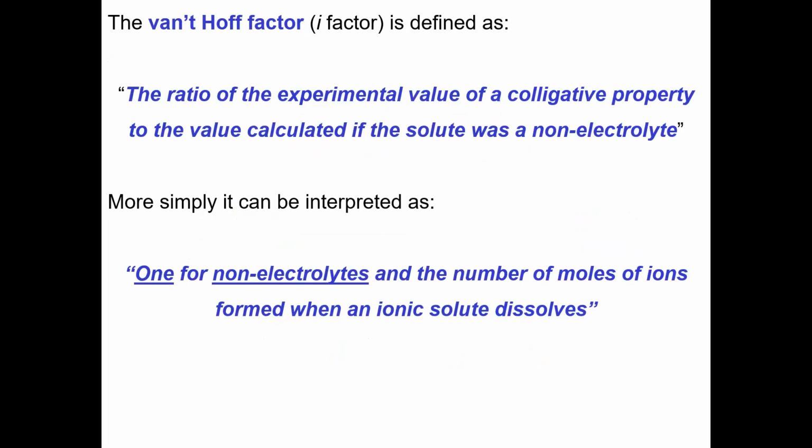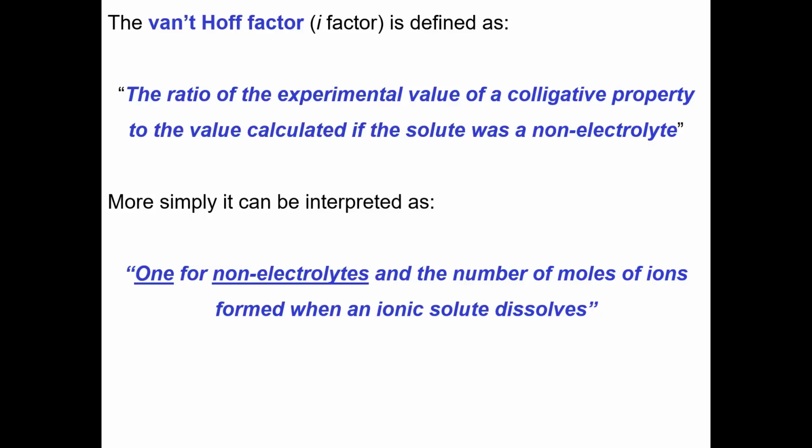So one way of helping us with this is the Van't Hoff factor. It's normally given the symbol i, and this is defined technically as the ratio of the experimental value of a colligative property to the value calculated if the solute was a non-electrolyte. So that's quite a mouthful, but I think a simpler way of understanding the Van't Hoff factor, or the i factor, is that it is 1 for non-electrolytes, and then it is the number of moles of ions formed when an ionic solute dissolves.